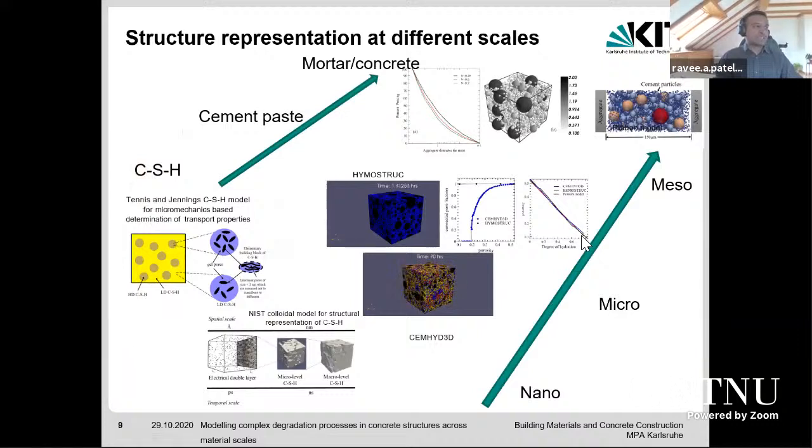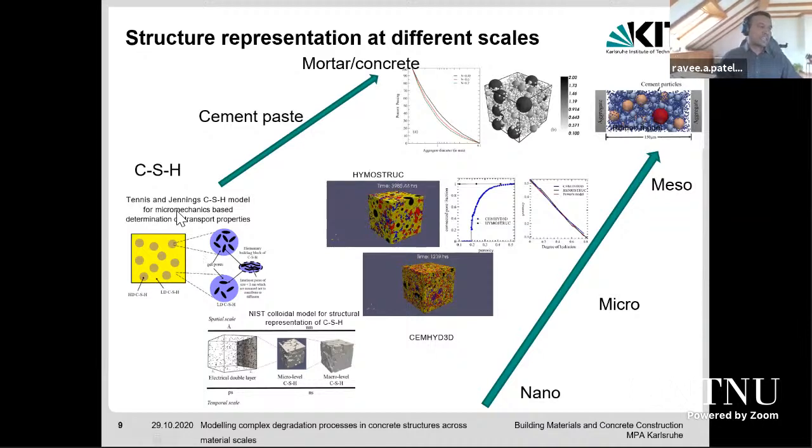So the structural representation of concrete at different scales has been of interest for more than 20 years. People have developed models at each scale of concrete for how to represent the material. And what I do is I basically take this knowledge and combine it.